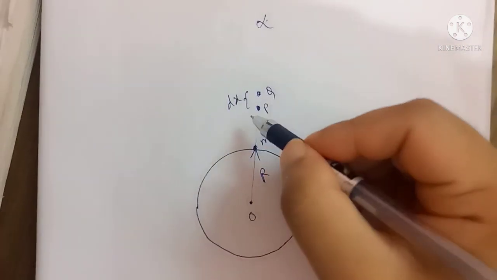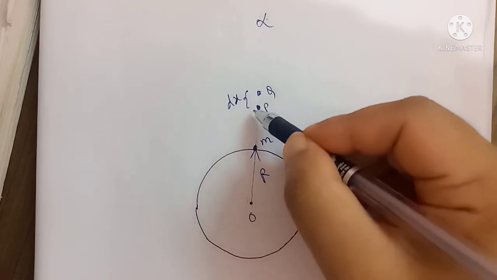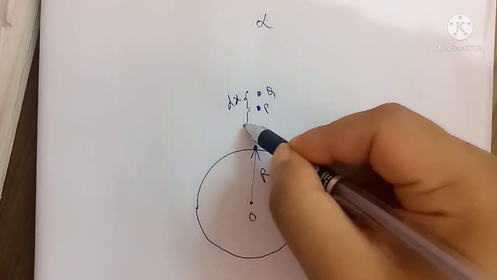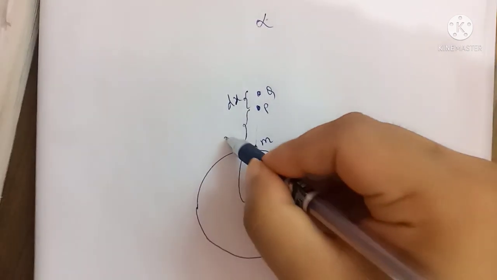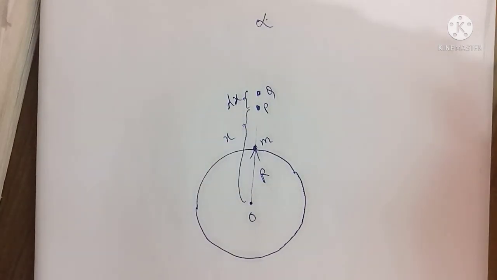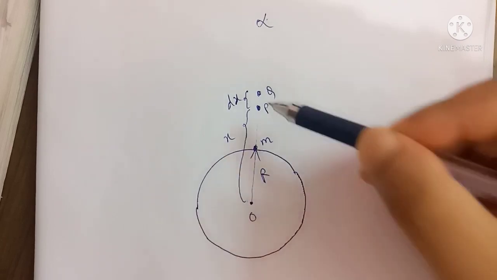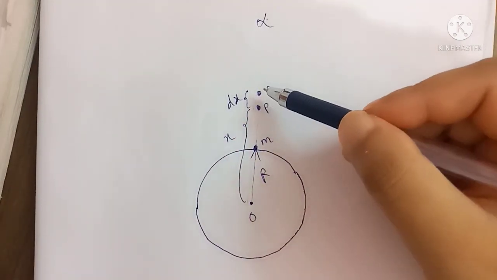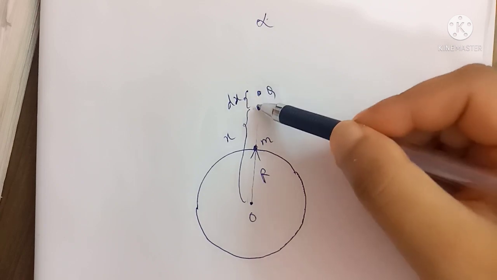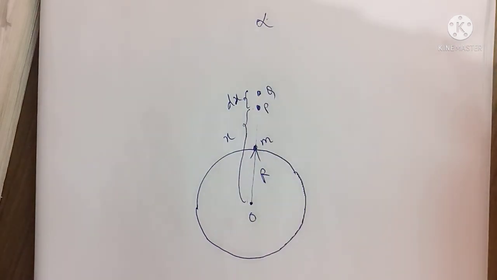Let the distance of each of these points from the Earth's center be x. The center of Earth to the point P is distance x, and to the point Q also you can call x only, because P and Q are very close to each other.